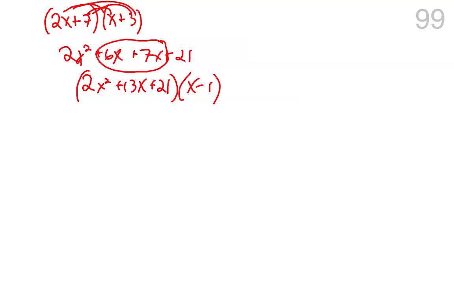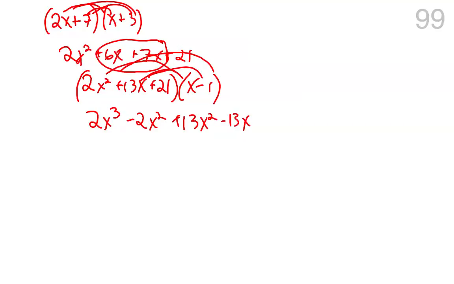And someone asked about triple distribute before. Yes, you can triple distribute. You don't do all three packages at the same time. What you do is two of them, get a result, and now I can triple distribute. Do just the 2x squared, then just the 13x, then just the 21. So if I do just the 2x squared, I get 2x cubed minus 2x squared. Now I'm going to do just the 13x, which gives me plus 13x squared minus 13x.